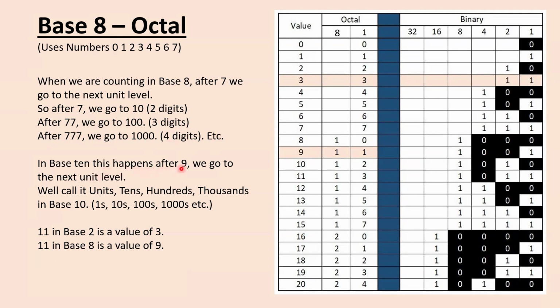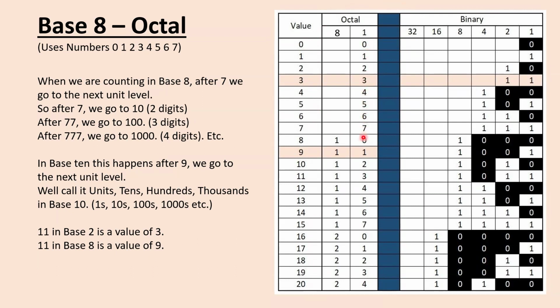In base 10, this happens after 9. We go to the next unit. We'll call it units, tens, hundreds, thousands in base 10. I've put side by side now binary, which we had on the previous screen, and now octal of the first 20 numbers. So 0, 1, 2, 3, 4, 5, 6, 7 are the same.